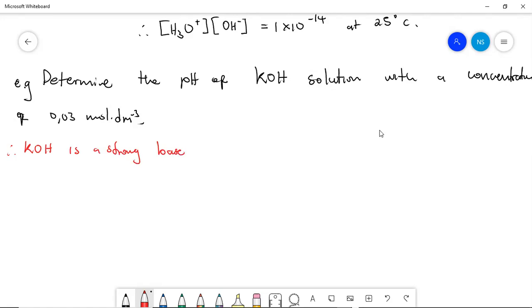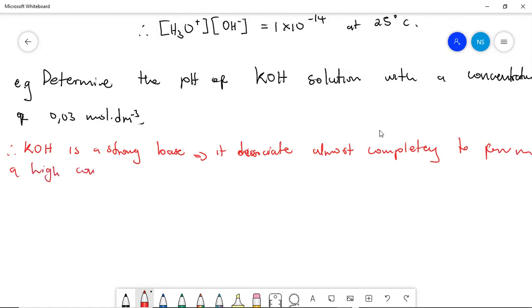And if this is a strong base, it means that it dissociates almost completely to form a high concentration of OH minus. That's a strong base.